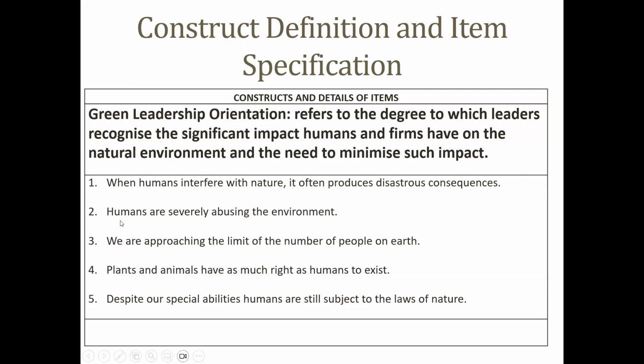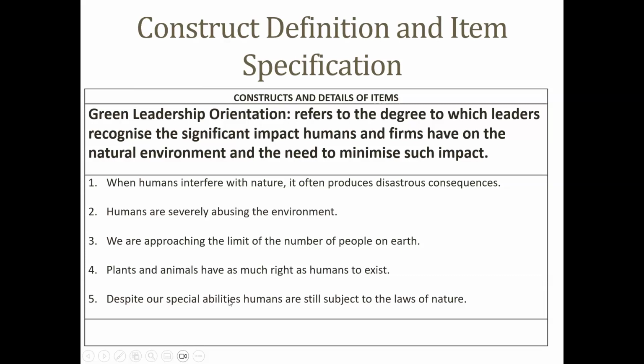Let's look at the next statement. Humans are severely abusing the environment. Again, let's look at the third. We are approaching the limits of the number of people on Earth. Plants and animals have as much right as humans to exist.